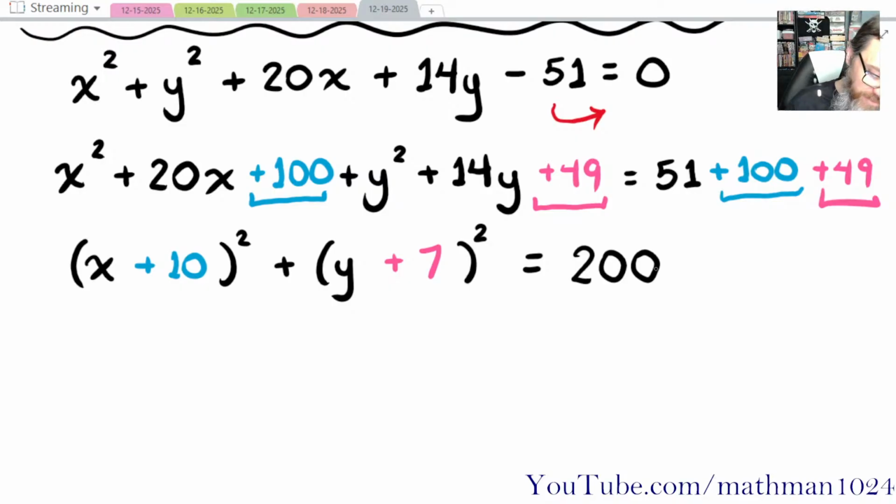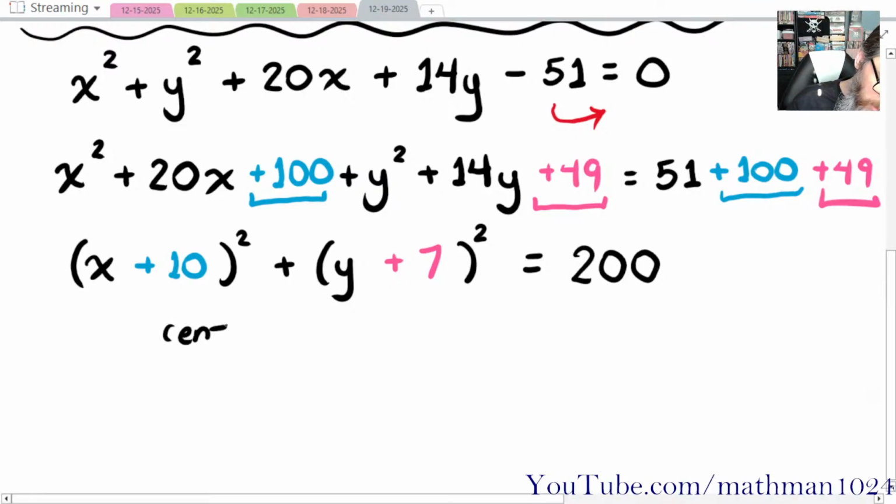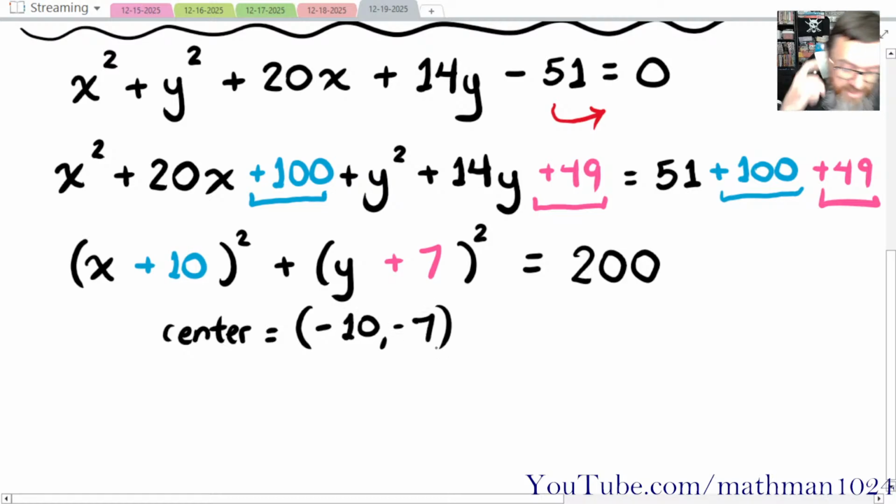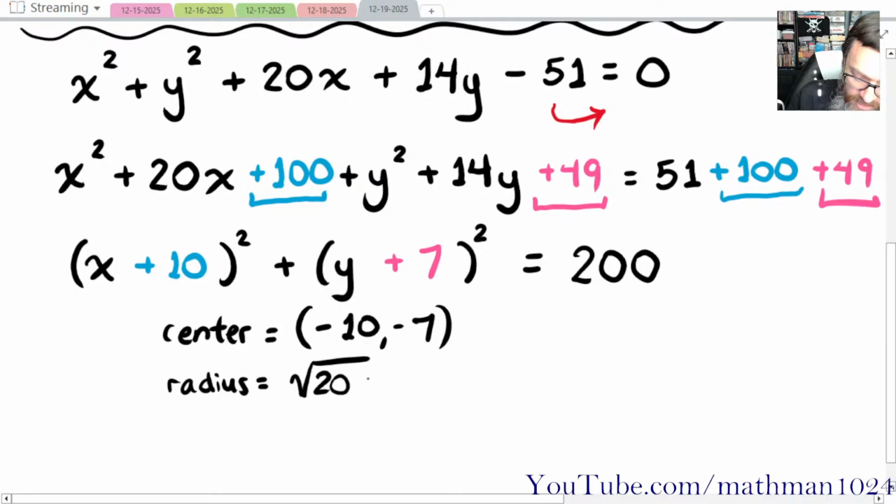All right, so now that we have it in this form, the center is, remember, we have to change the signs of what you see here. So this is going to be -10, -7, and your radius is going to be the square root of 200.